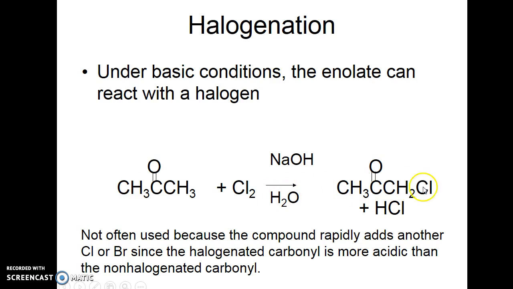So the sodium hydroxide deprotonates this, and then this does attack on the chlorine, and you get dichlorination, and then trichlorination, and then you can start doing all that all over on this side, getting chlorination on every single alpha hydrogen removed and replaced with chlorine or bromine. So the basic conditions are rather uncontrolled, but we can use this to our benefit.